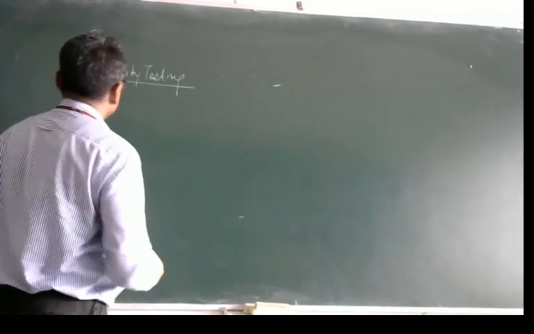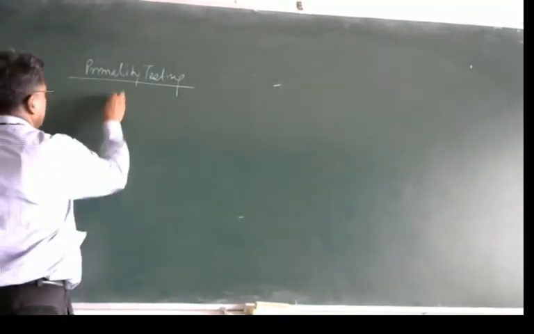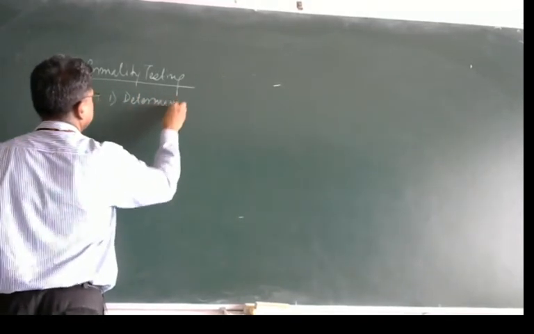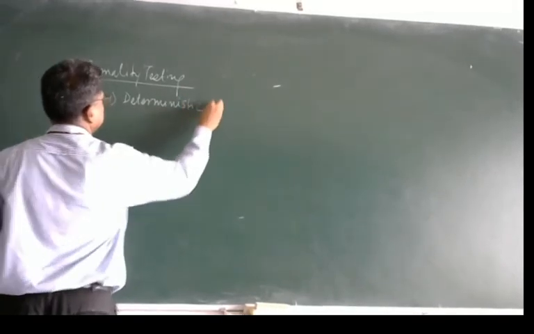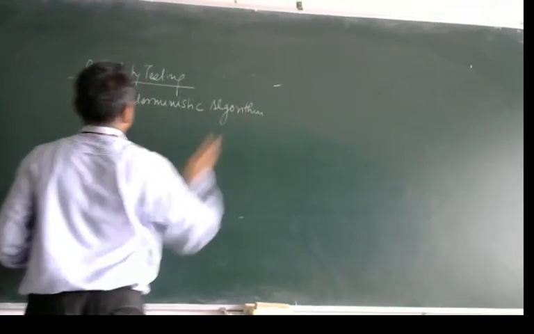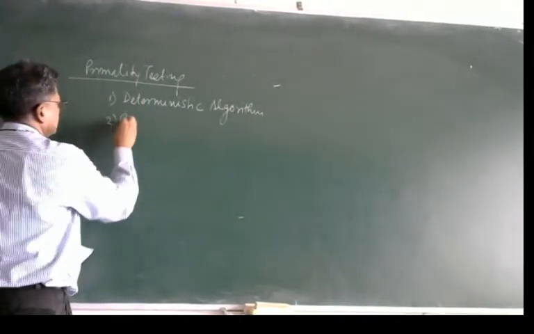So, there are two broad categories of primality testing. One is the deterministic algorithm, and the second one is probabilistic.